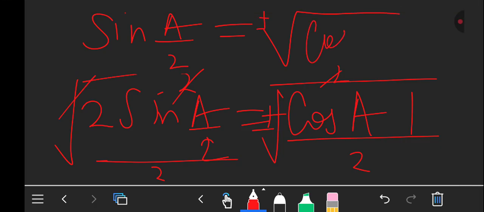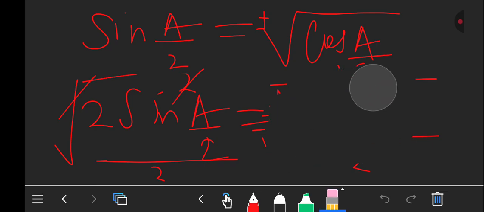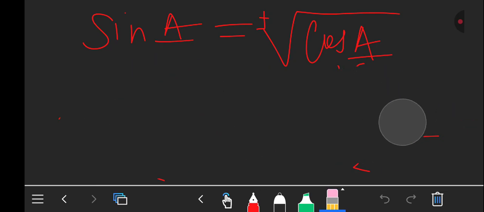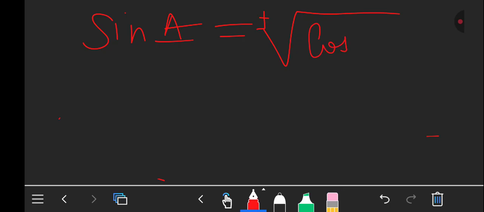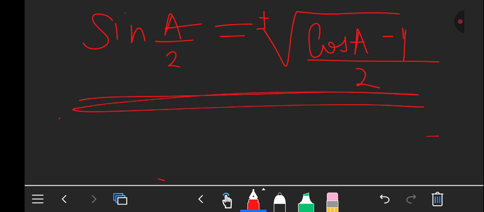Now square root of cos a minus 1, then everything is over 2. So that is simply the half angle for sine. The half angle for sine.